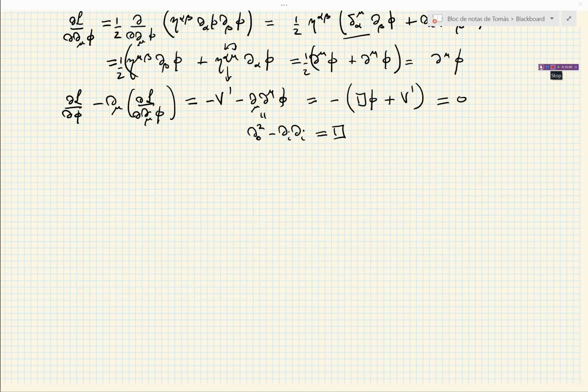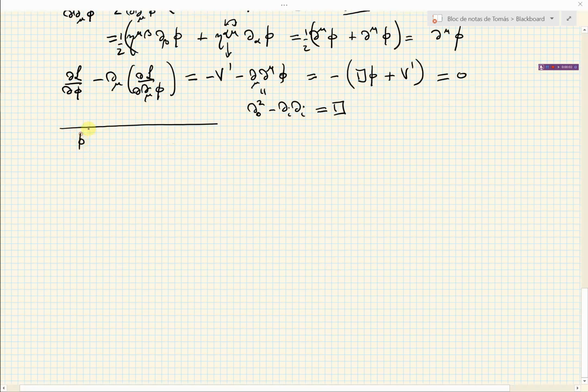Now we can investigate if there are any conserved quantities associated to the invariances of this action. We have proven the first Noether theorem only in the context of mechanics, non-relativistic and relativistic, but as you can suspect, there is a version for field theory. Before we study this version, we will consider one of the symmetries of this action, one which we haven't mentioned yet, and which is the invariance under transformations that shift the value of the field phi.